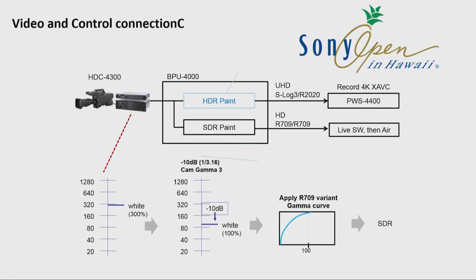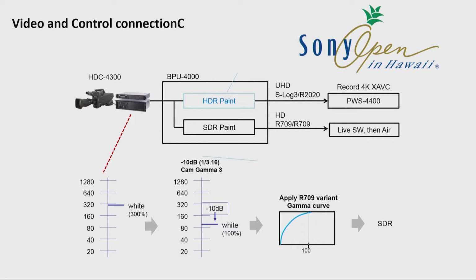What makes that one camera, two output scenario work is we've got a device called a broadcast processing unit. It allows me to paint for HD and paint for the HDR from the same panel. So I would get my maximum exposure, which is going to be my HDR feed, and then I would trim from that for the HD feed.